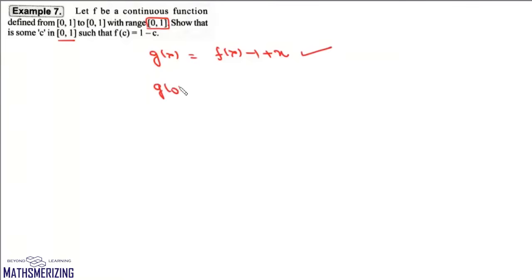Now if we find g(0), it will be f(0) minus 1, and since the range of this function is from 0 to 1, this value will be less than or equal to 0. And in the same way, we can find g(1), and g(1) will be f(1) minus 1 plus 1, which is f(1), and since its range is from 0 to 1, it is greater than or equal to 0.